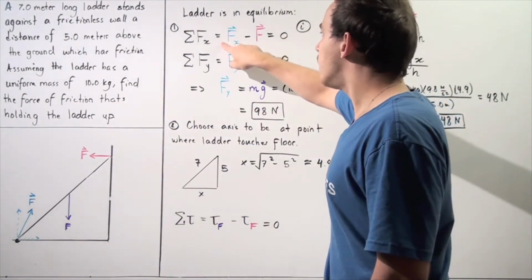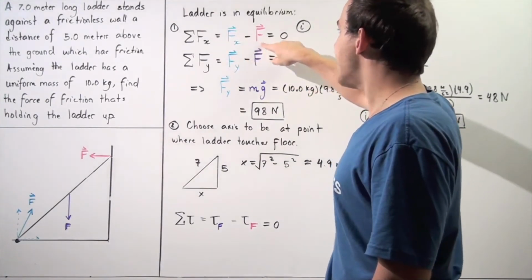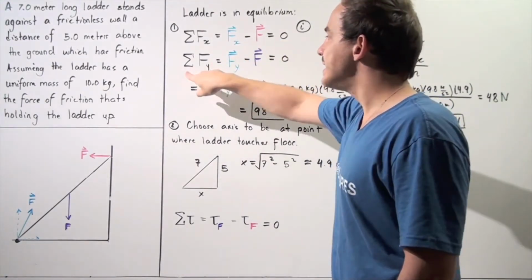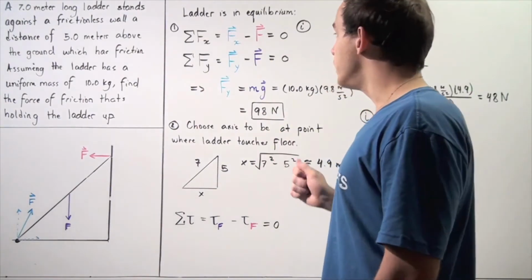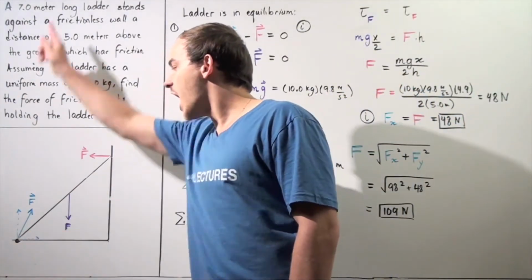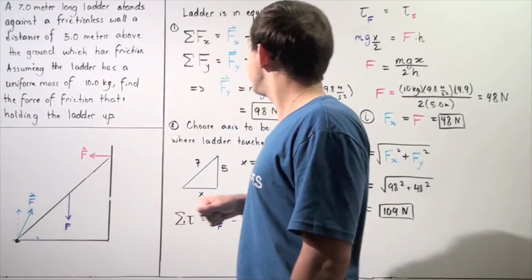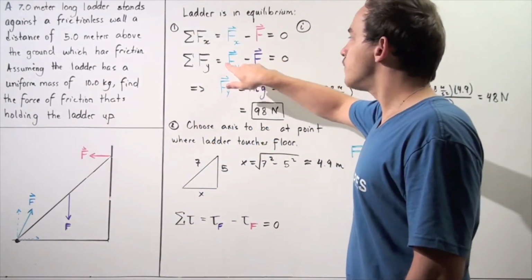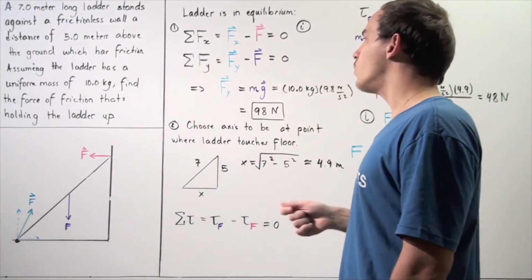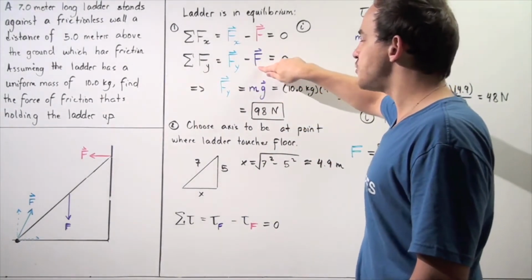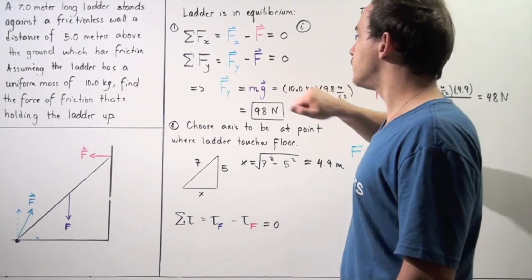So we have Fx minus F is equal to 0, and for the y component, going up is positive, and our purple force going down is negative. So we have the force of friction, y component, minus the gravitational pull on the ladder, the purple force, is equal to 0.